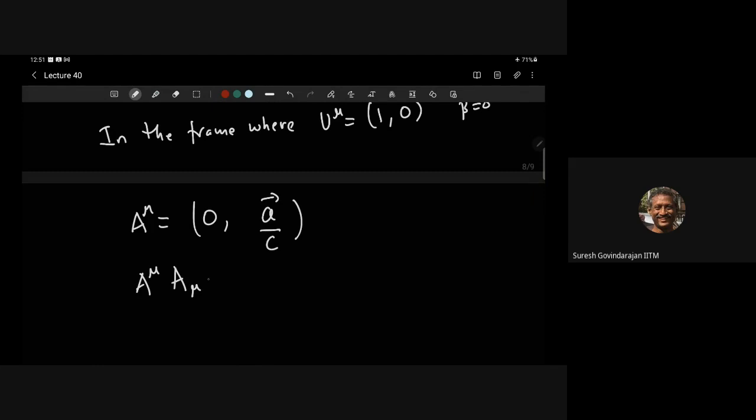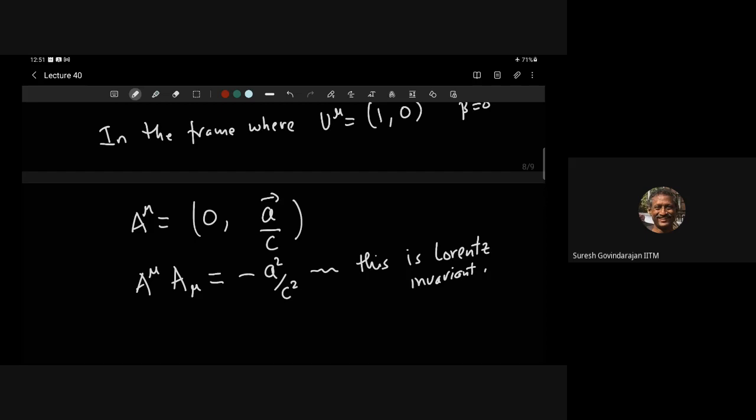Its norm is also an invariant, and you can see that this is equal to minus A square upon c square. Now this is a Lorentz invariant, so everybody will agree on the magnitude of the 4-vector, up to factors of c. This is what it is.